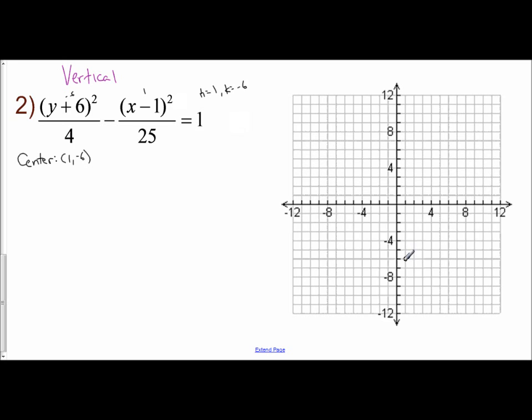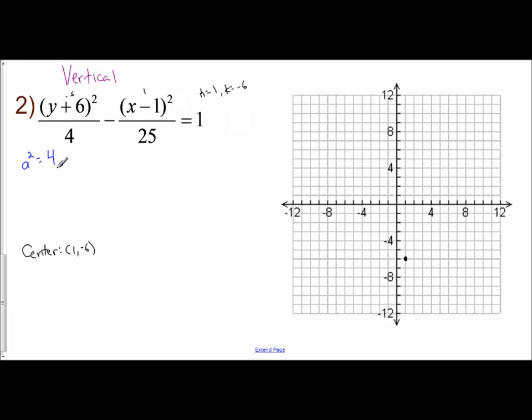There is my center. I then identify my vertices, and the way we do that is we need to find our a squared and our b squared terms. Since this is vertical, we know that it is y minus k squared over a squared. a squared is 24.